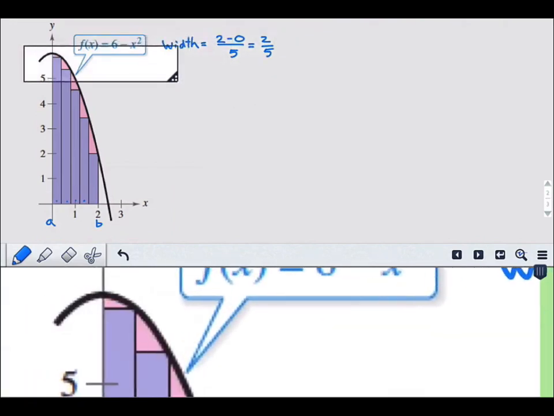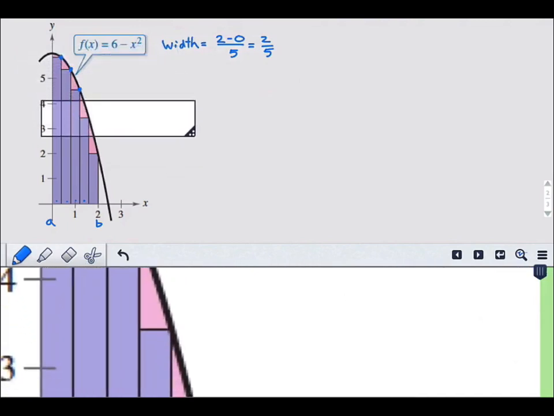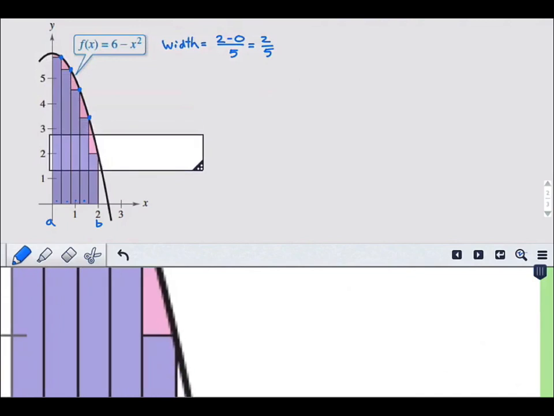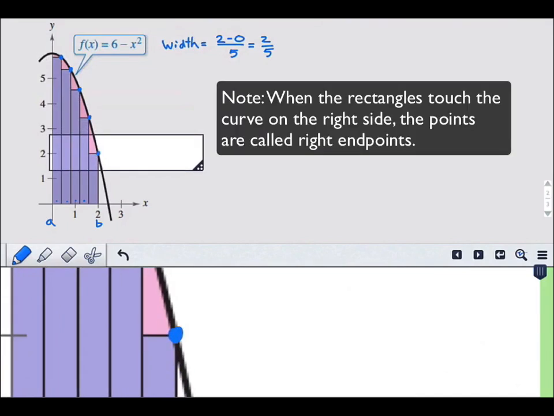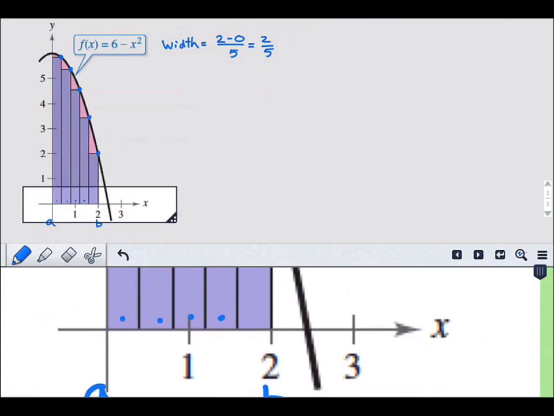Now we need to find the height of each rectangle, which is given by these y values. Looking at the x values, we know the width is 2/5, so the x values are 2/5, 4/5, 6/5, 8/5, and 10/5.